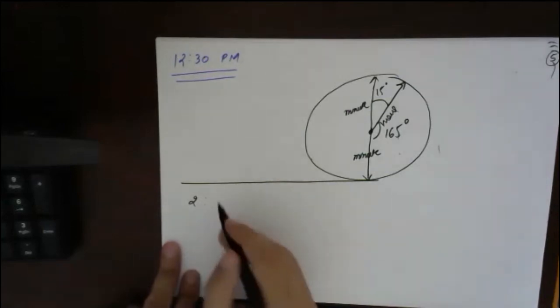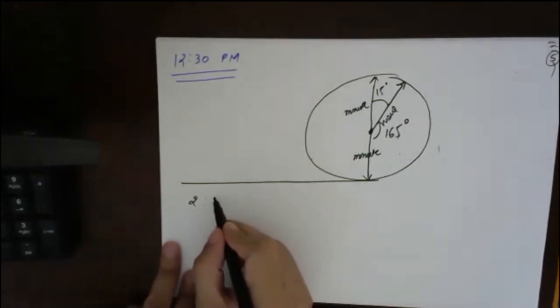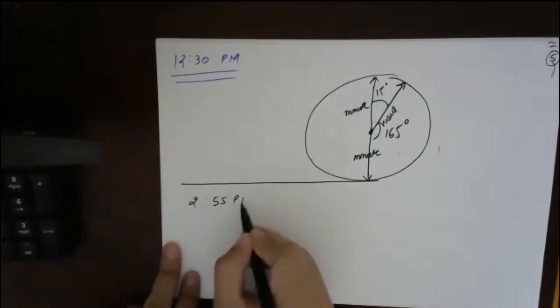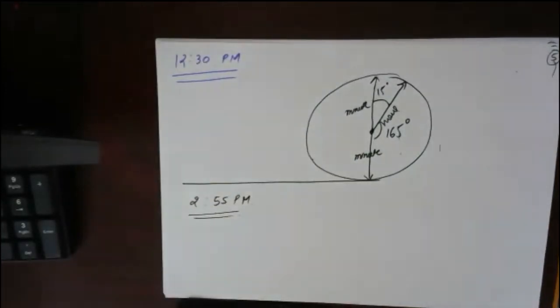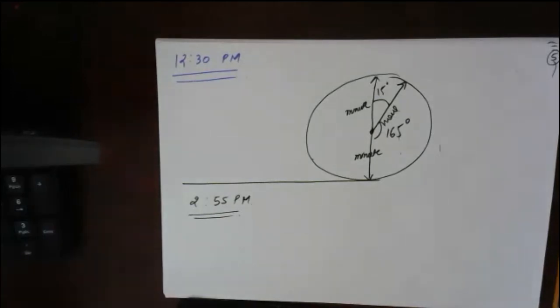Let's see. Find the angle between the hour hand and minute hand at 2:55 p.m. Find it fast.